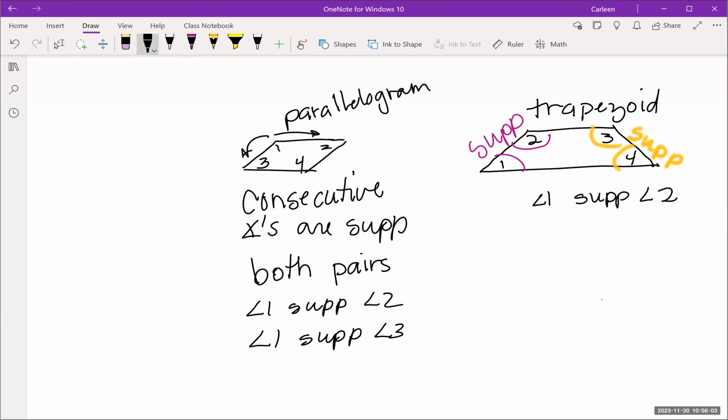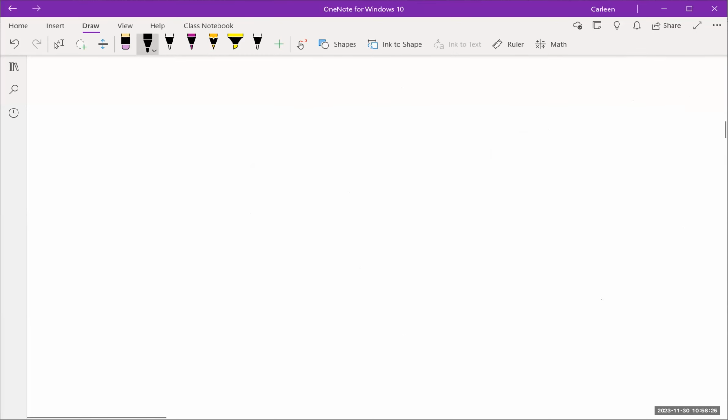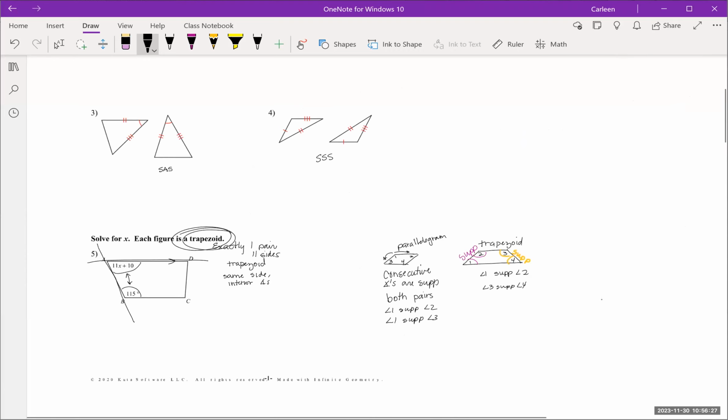So we can also say angle 3 supplementary to angle 4. Here we could say 1 with 2, 1 with 3. There's a lot. All the consecutive ones are supplementary. But trapezoid, only 1 and 2, 3 and 4. Okay, I think this is going to become pretty obvious when we do these problems.